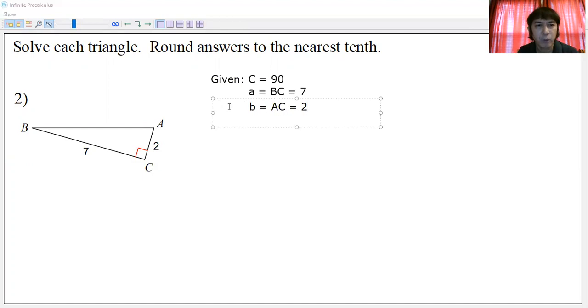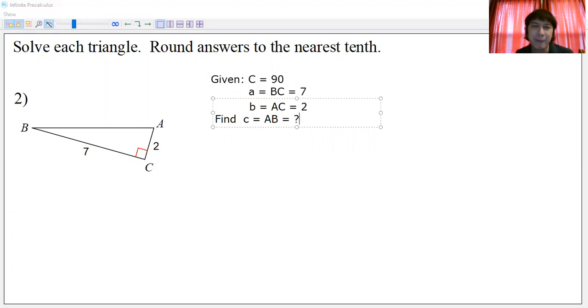Let's write the requirement. We're asked to find side c, small letter c, or better known as AB. Those are two names of the same side.